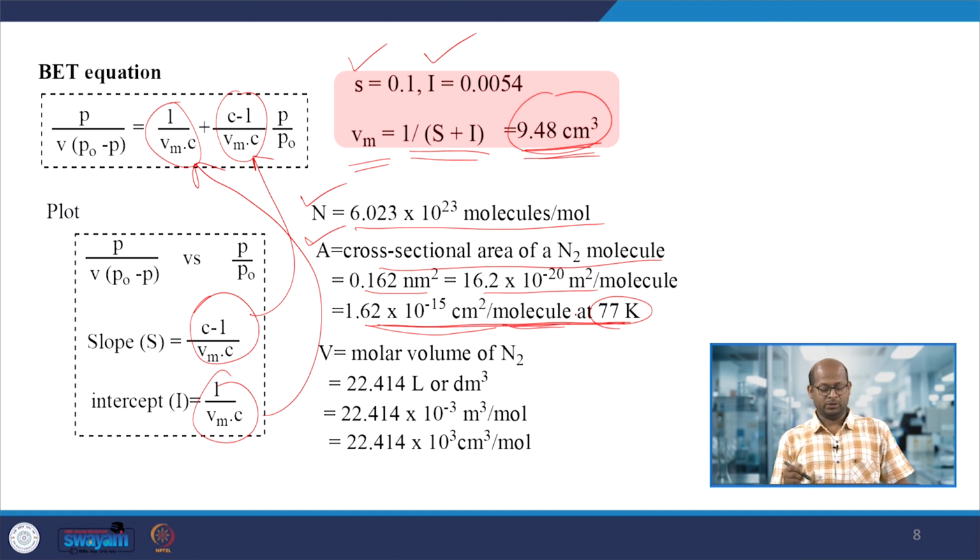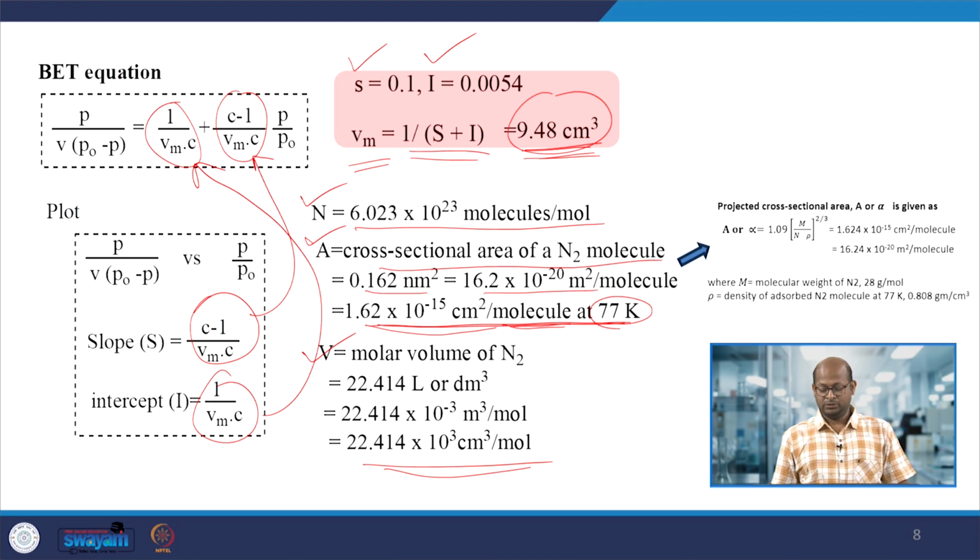So 1 molecule of nitrogen possesses 1.62 into 10 to the minus 15 centimeter square, that is the cross-sectional area, and the molar volume of nitrogen we can find out using this. So now this is the projected area, the cross-sectional area. So these equations you have to use to find this out.